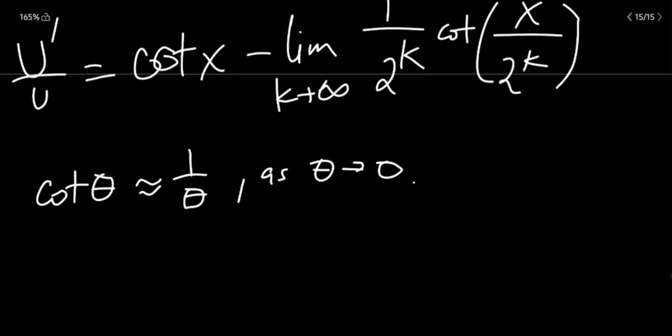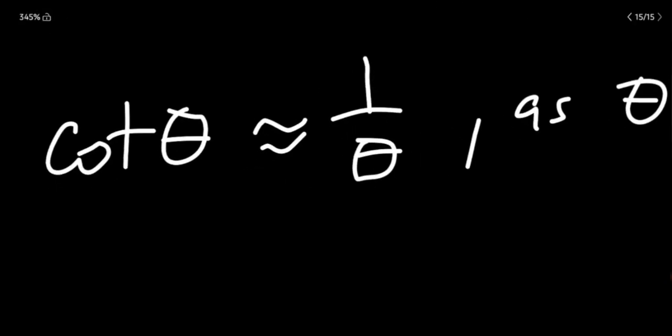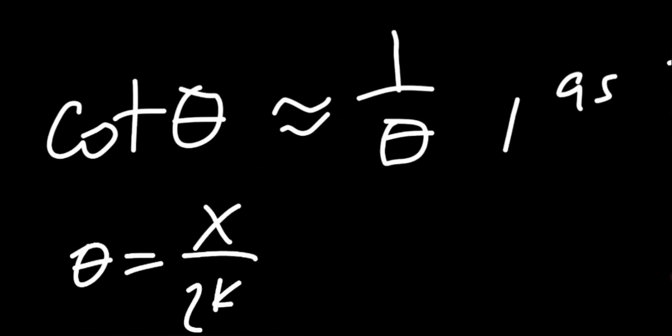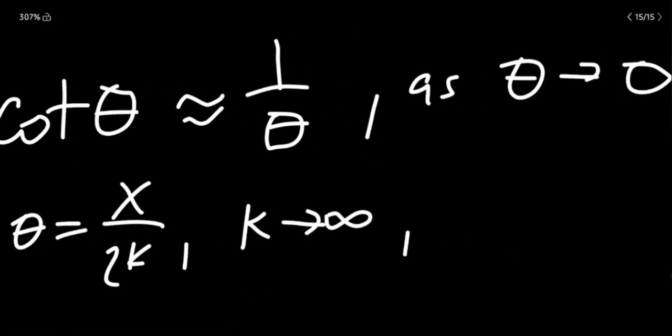Our argument, which is x over 2 raised to k, when k approaches infinity, this theta approaches 0.